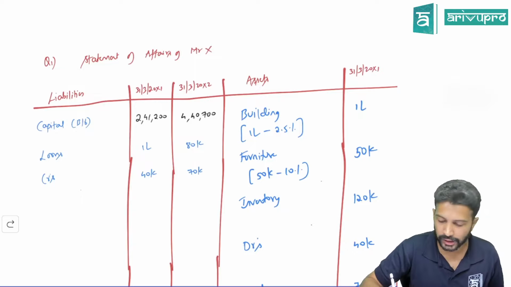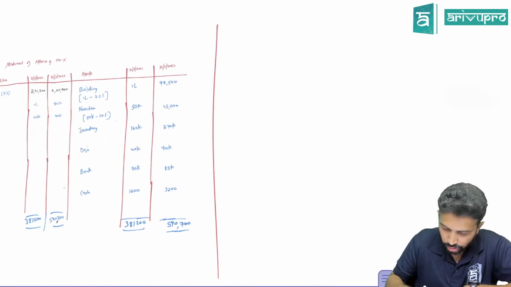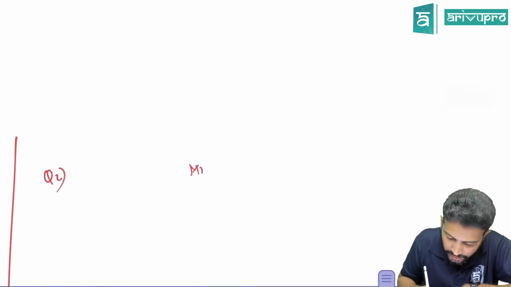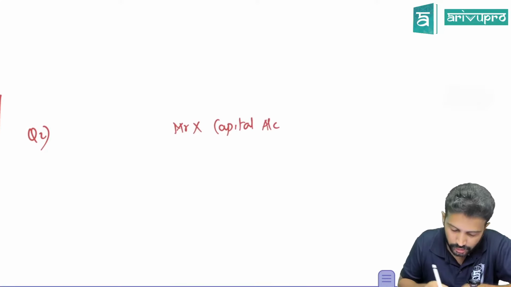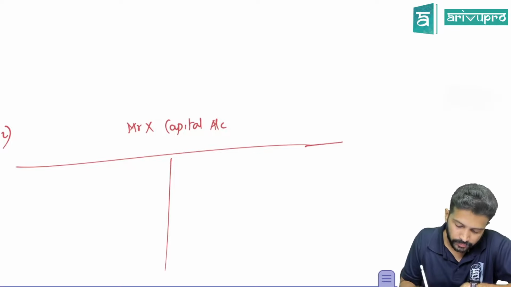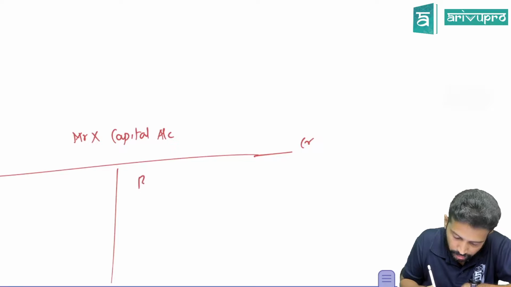Everyone is absolutely right in that regard. So can I prepare that here? So for question number 2, simple, you have to prepare Mr. X's capital account. Or simply you can write capital account. So the first component is what? Opening balance.